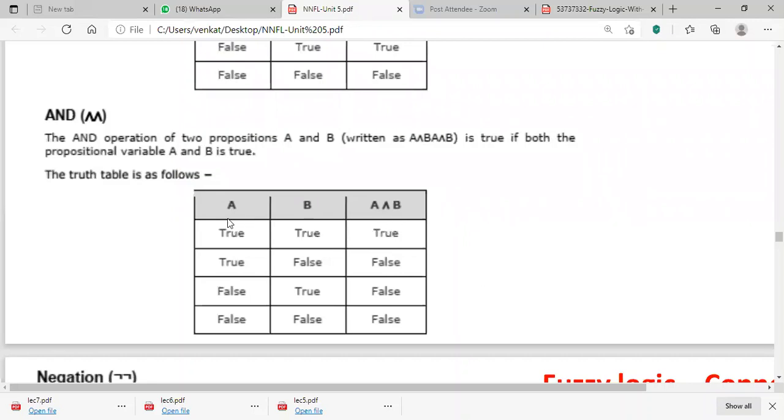Okay, here you can see in the table, if A is true, B is true, A and B, AND operation is also true. If A is true, B is false, A and B is false. Likewise, it is repeated for other cases also.